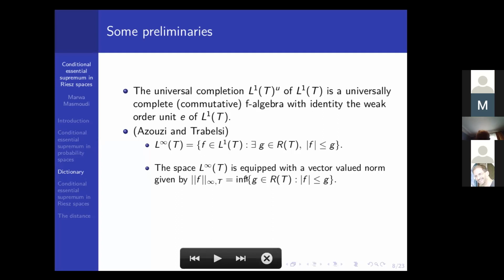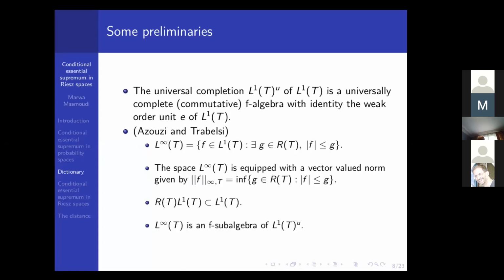The space L infinity of T is equipped with the following vector valued norm. They proved also that the product of an element of the range of T and an element of L1 of T belongs to L1 of T. They also showed that the space L infinity of T is an f-subalgebra of the universal completion of L1 of T.